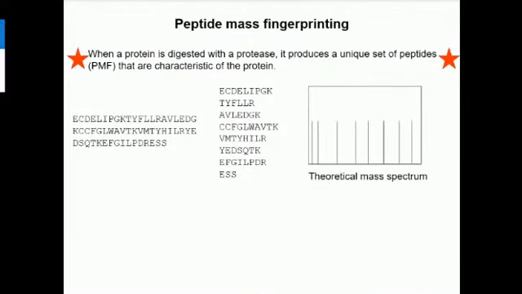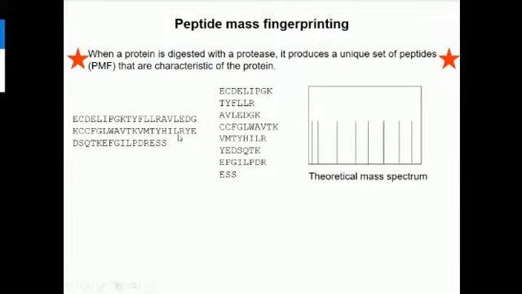So when you digest your protein with a protease, you get a set of peptides, and it's a unique set of peptide masses that is characteristic of that protein. So if you measure those masses of the peptides as a whole, as a set, you can then identify what the protein is. I've got an example here, a protein sequence.